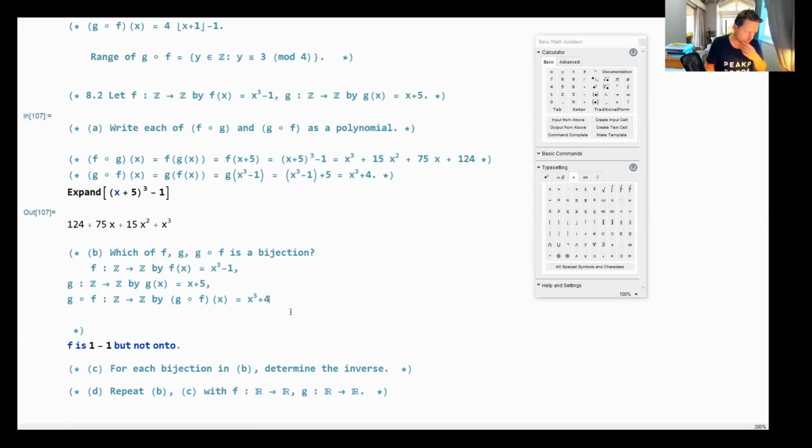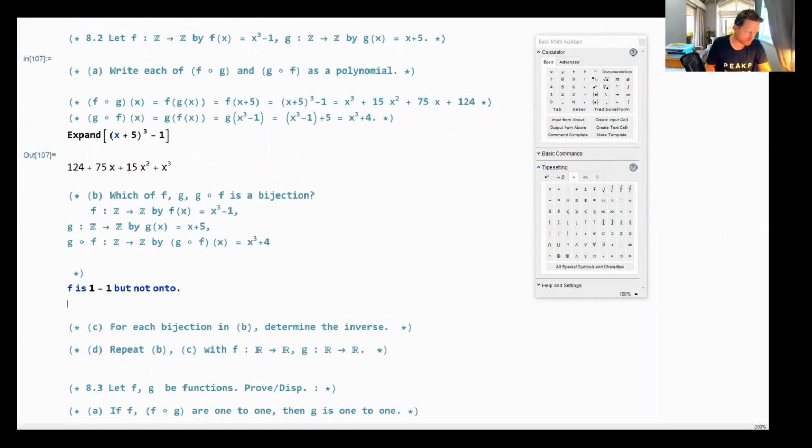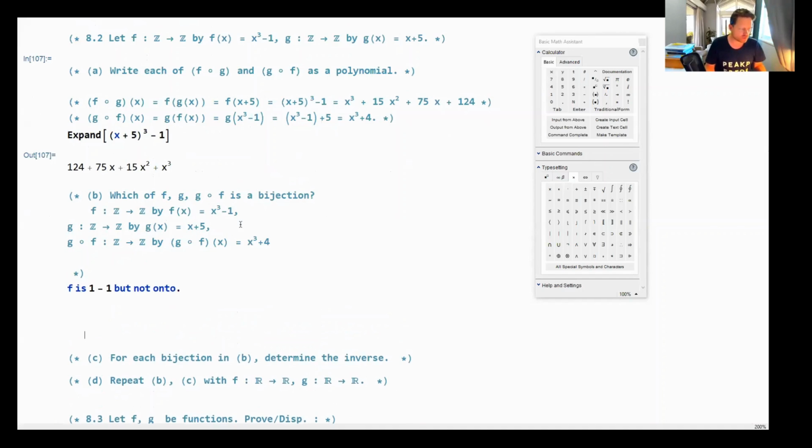All right, so now that we have all those, so f is one-to-one, but not onto, and so I'll just go through the details of proving that f is one-to-one. So, in other words, assume f of x is equal to f of, say, y.